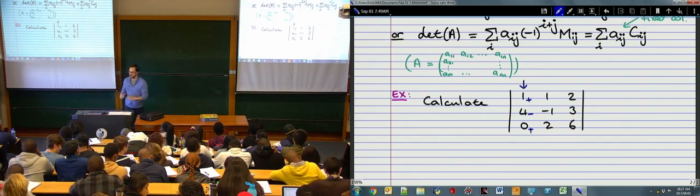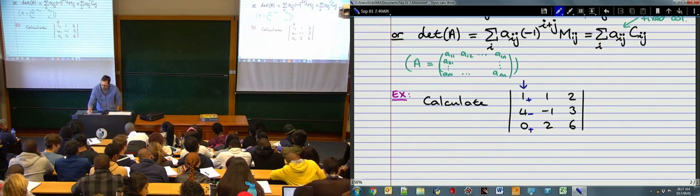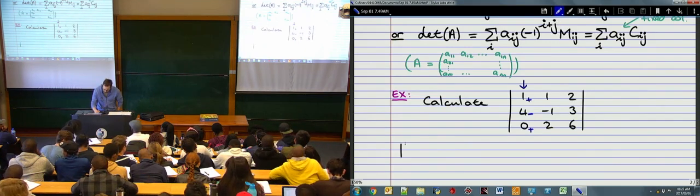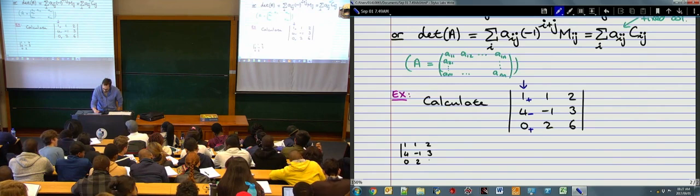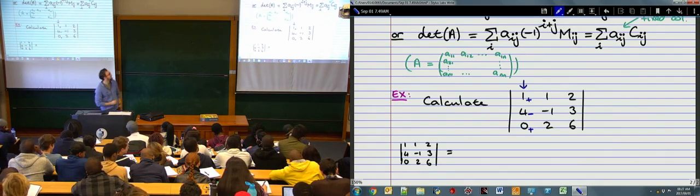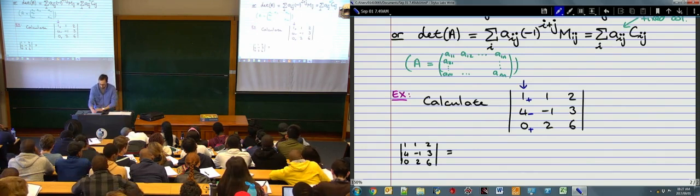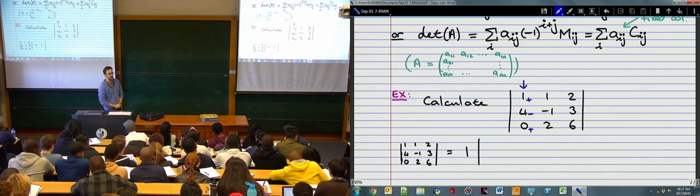And now I've got to write down a sum. So this determinant 1, 1, 2, 4, minus 1, 3, 0, 2, 6, is going to be equal to the following. Firstly I take this 1, and I multiply it by the appropriate minor.